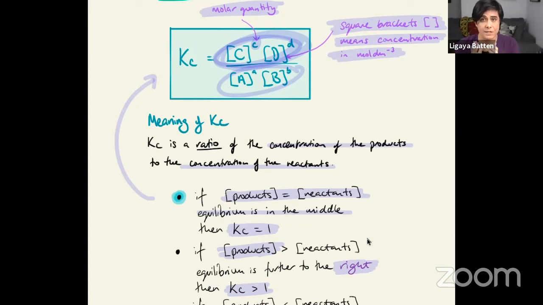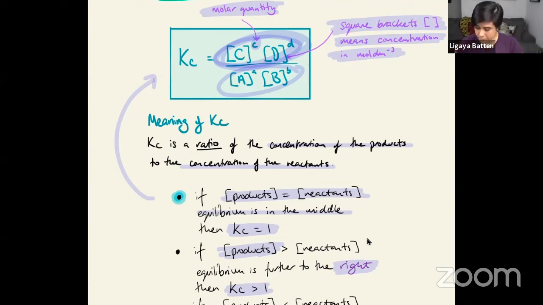So if Kc is 1, that means that you've got an exact balance between the two sides of the equation. The forward and backward reaction happening at the same rate, that's already given equilibrium. But we're also saying that the concentrations of products and reactants are exactly the same, which is actually quite unusual. It's not normally the case.